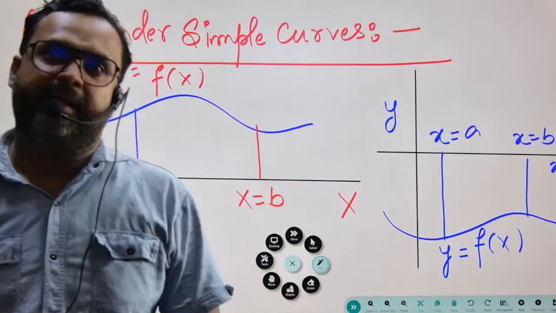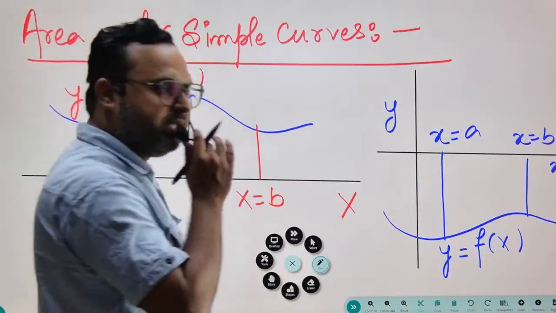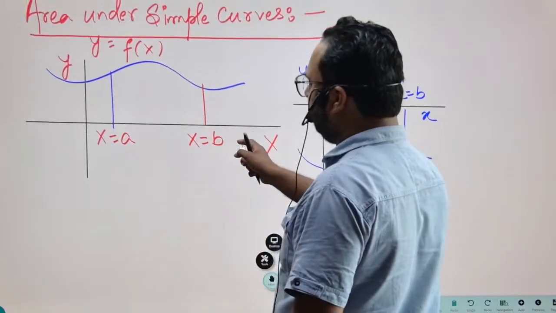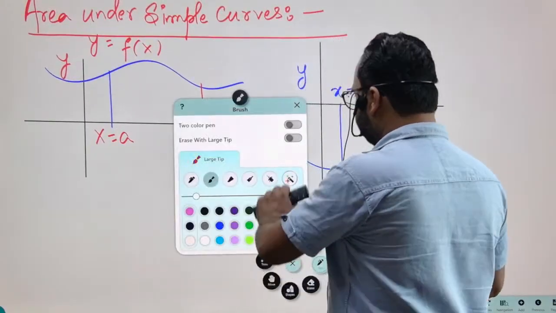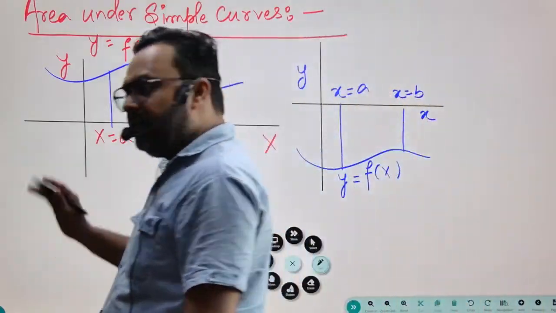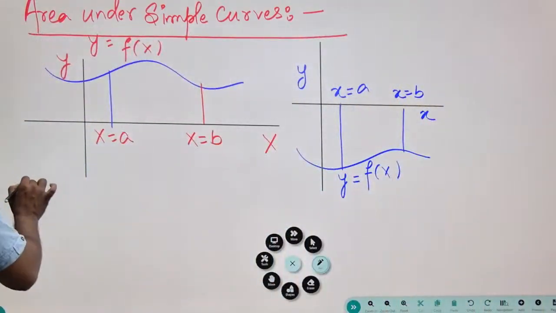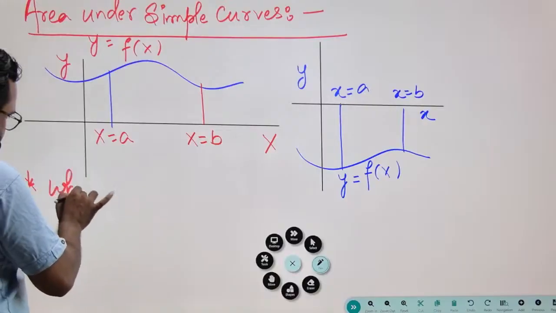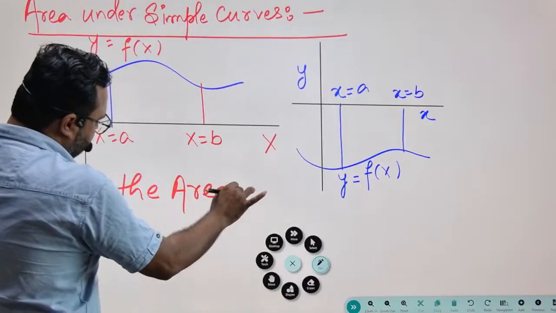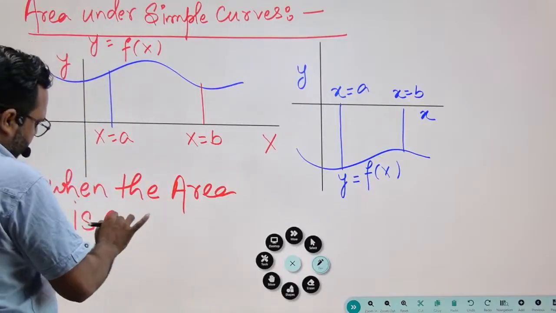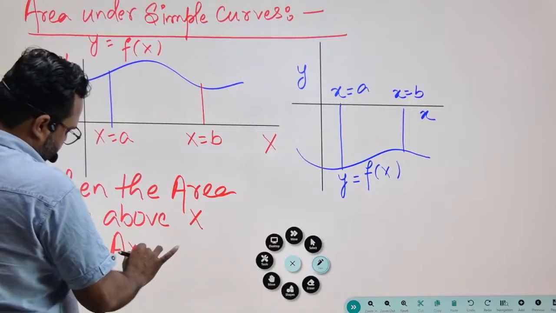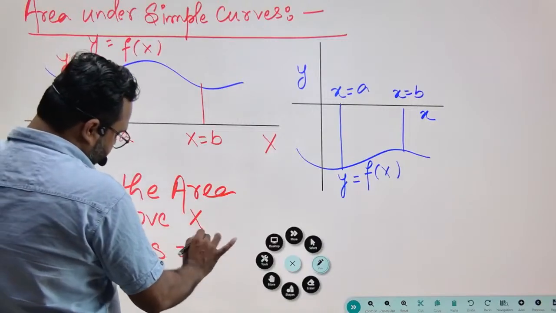Now, it is important to note that when the area is above the x-axis, I repeat, when the area is above the x-axis, it is taken as positive.